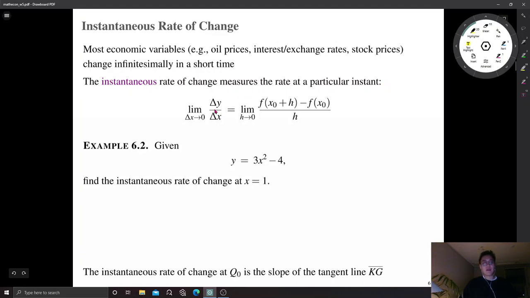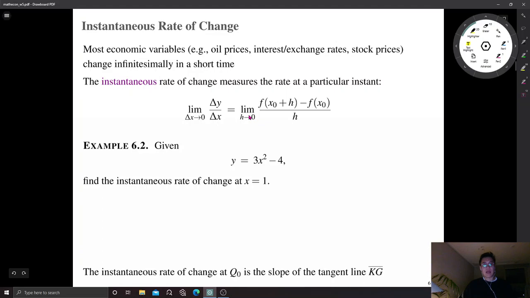Mathematically, it's defined as a limit. Now we have this notion of limit. So it is the limit of the rate of change as the change in x goes to 0. It tells us how the rate of change responds as delta x, the change in x, gets very close to 0. In other words, delta y, the change in y, is the difference between these two quantities when x changes by h.